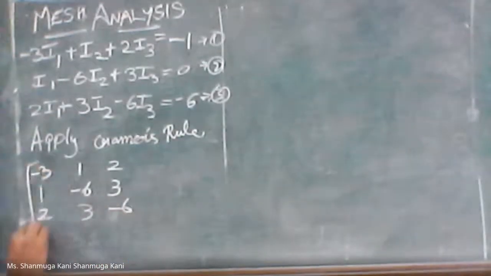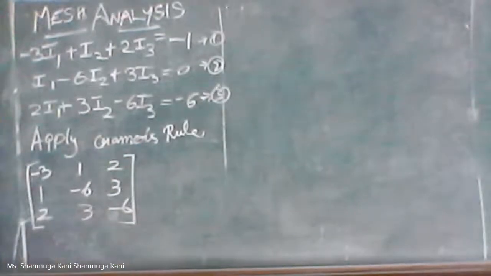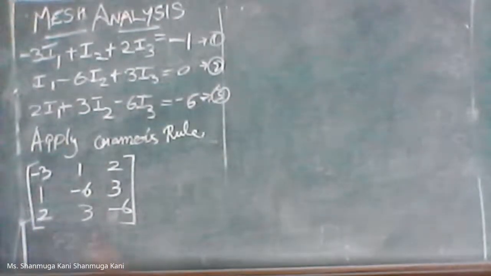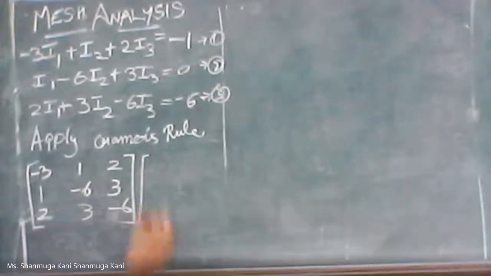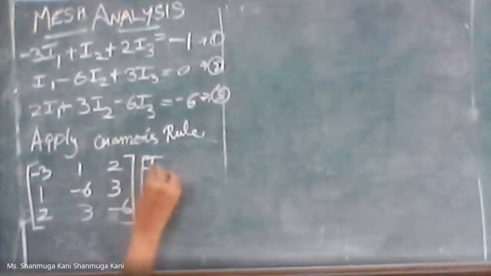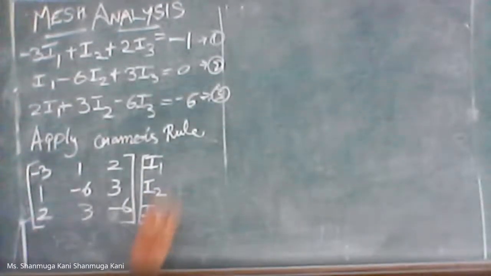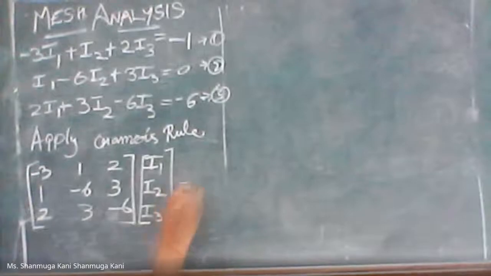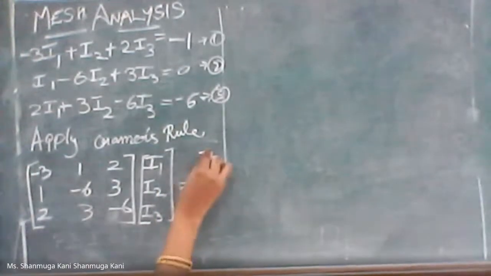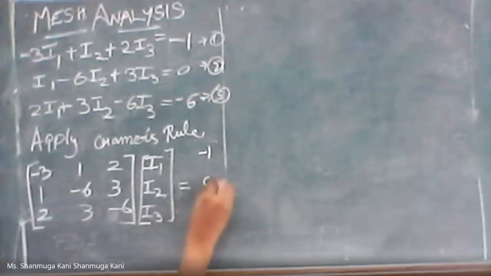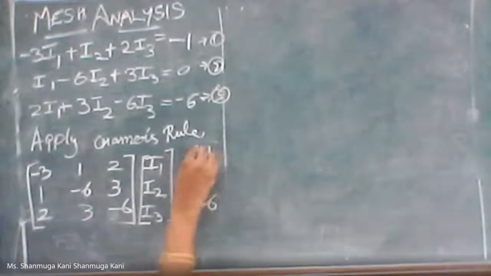The minus and plus signs, everything should be put correctly. Okay. Then you have to multiply this one with I1, I2, I3. This is equal to the right side part. It will be a column matrix: minus 1, 0, minus 6.